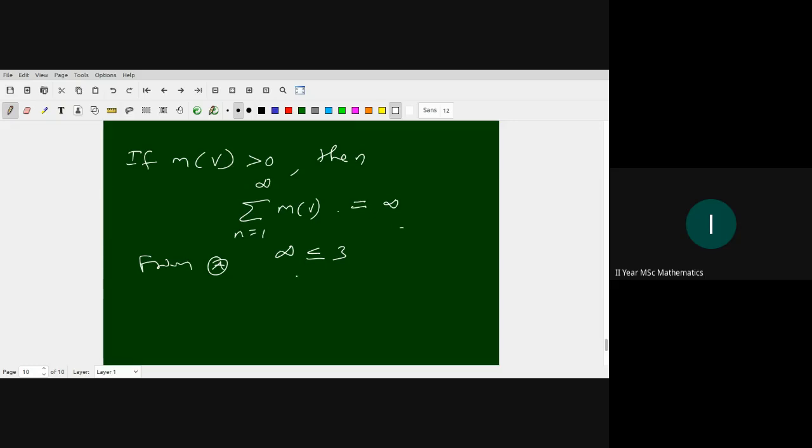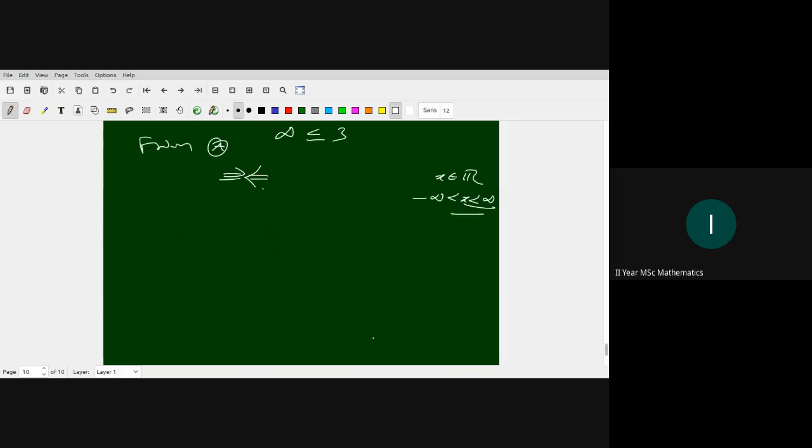That's not allowed in the extended real number system. In the extended real number system, any real number x satisfies minus infinity less than x less than infinity. So here is the contradiction. In both cases we have a contradiction. Therefore, V is not a measurable set.